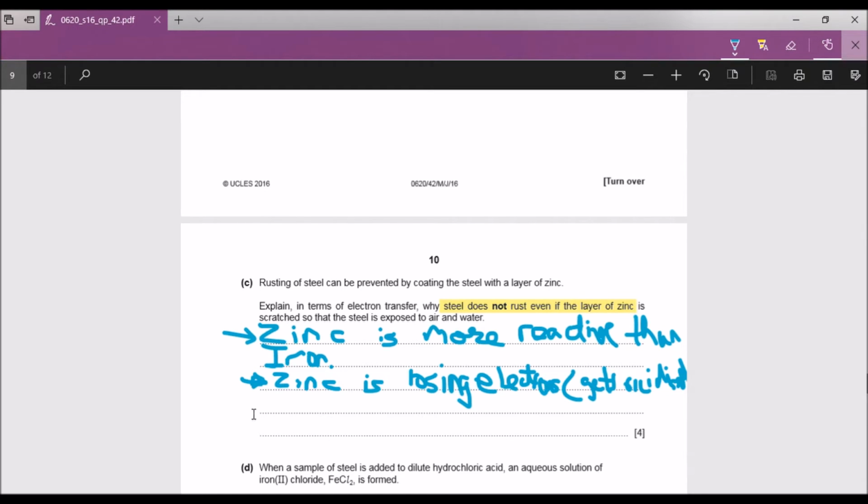Then the next part is, these electrons basically move to the iron in the steel. Move to the steel.